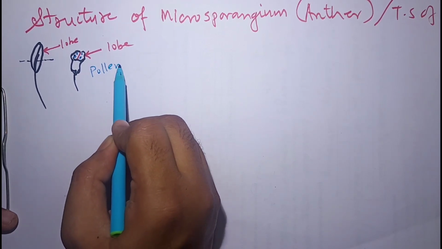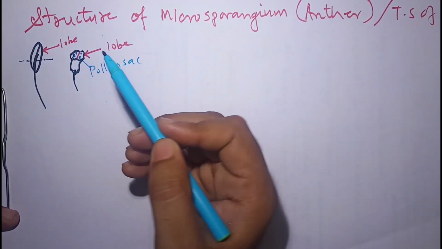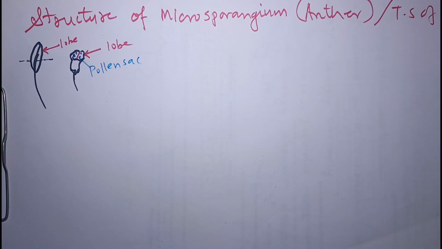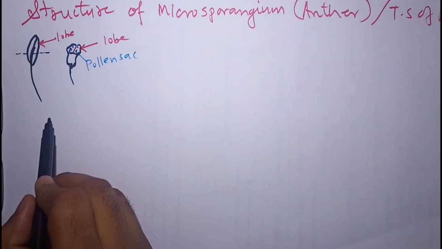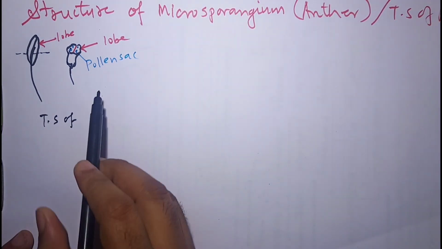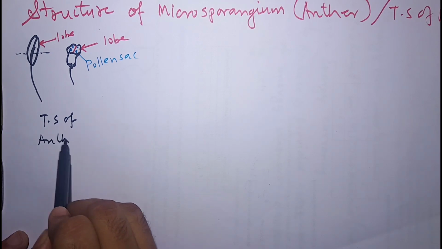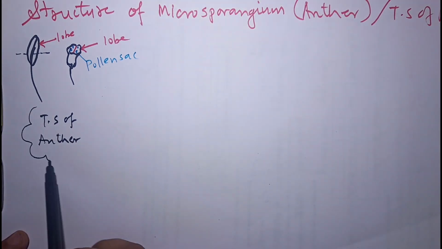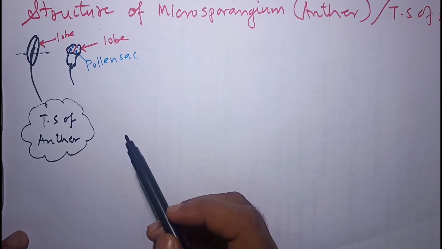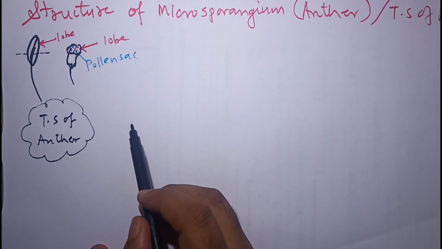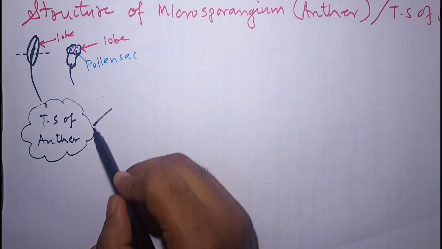In this pollen sac, pollen grains are produced. Now when we are studying TS of anther, right? So anther shows two layers.